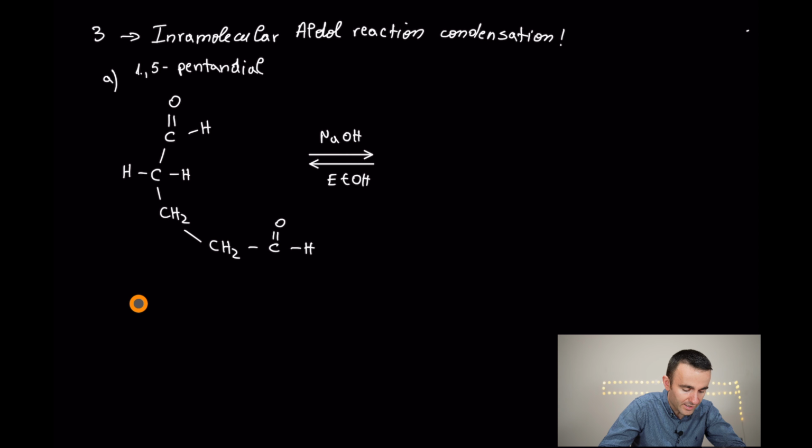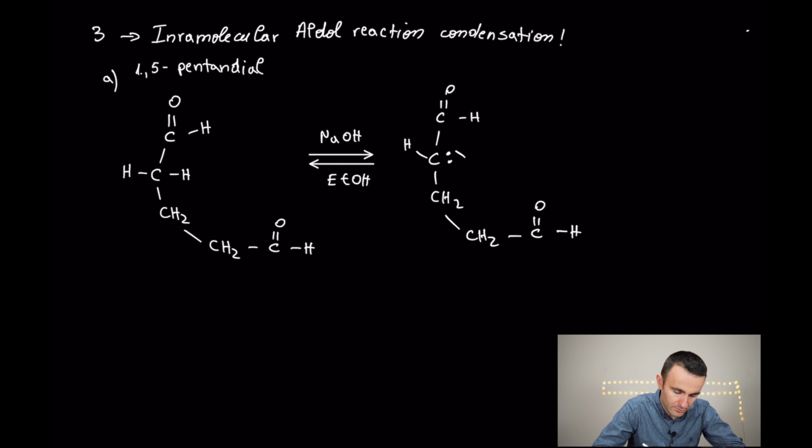It is going to be the enolization of this hydrogen here, or this hydrogen here, it is the same. So now this is going to attack here because this made the enolate, as I mentioned previously.